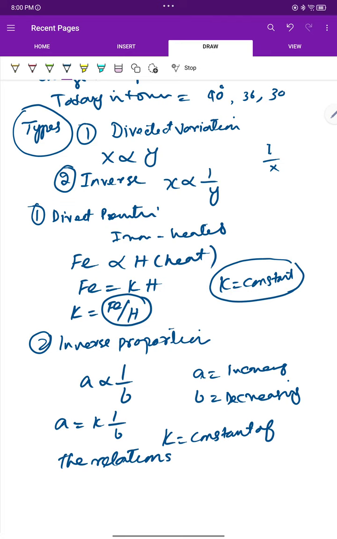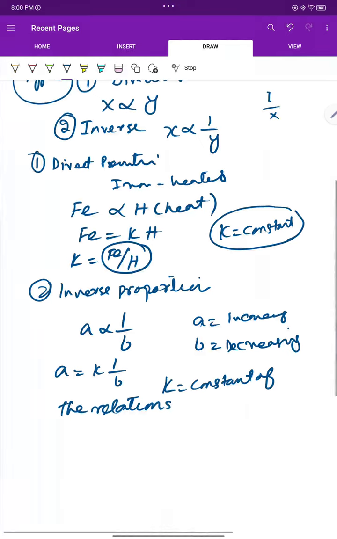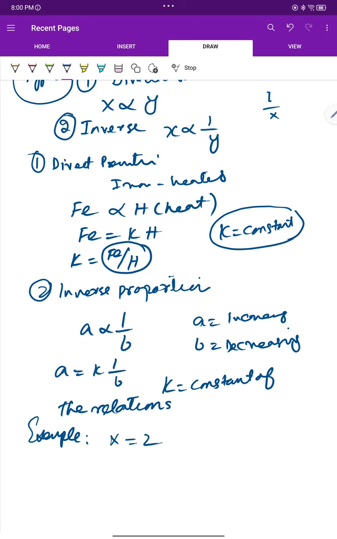There is another example: if x is equal to 2 and y is equal to 3, how can you find k when they are inversely proportional, when they are varying inversely?